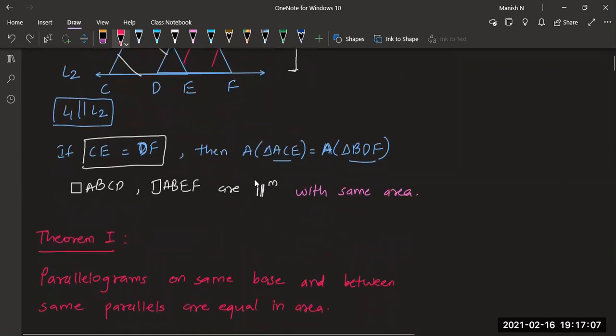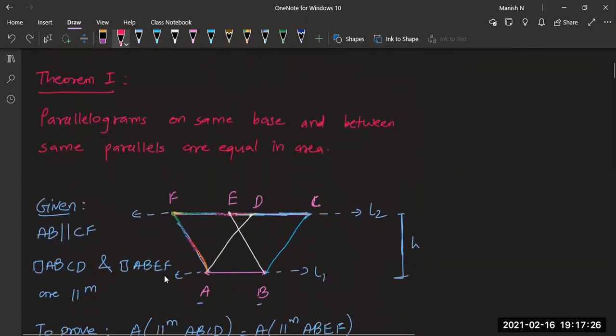Now let's start with a couple of theorems in this chapter. So now we will be proving that parallelograms on same base and between same parallels are equal in area. Same parallels implies same parallel lines, and same base means they have a common base AB. So let's now try to interpret.